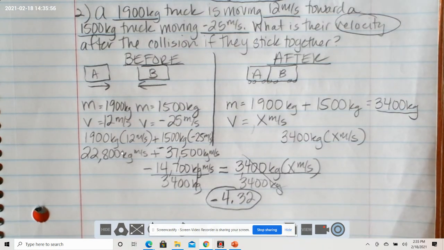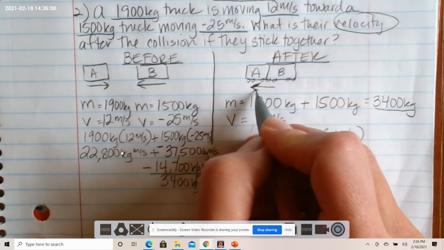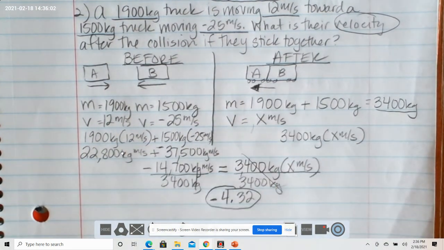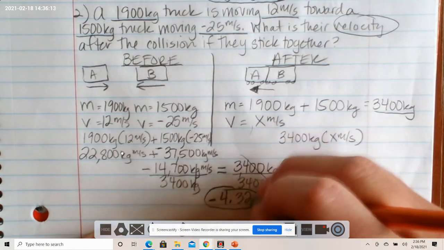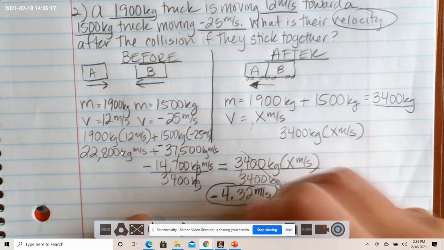Which direction are they moving? After the collision, they'll go to the left. So B had enough momentum to, when they stuck together, change the direction of A to the left at 4.32. Ooh, what did I forget? Always have a unit, meters per second, because it's a velocity.